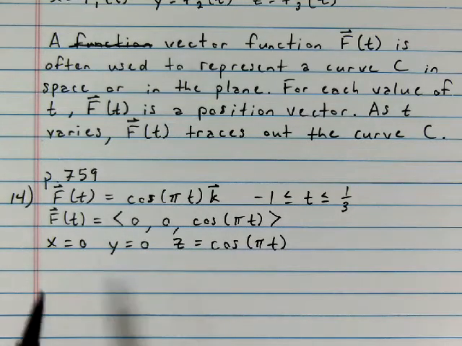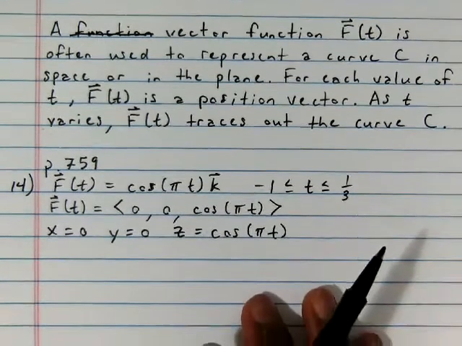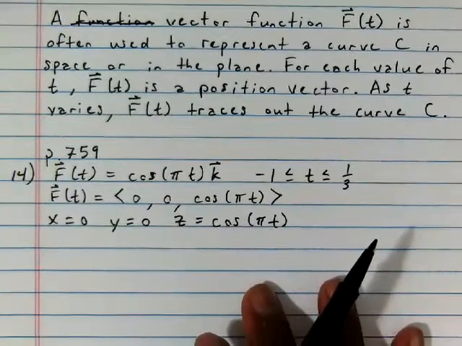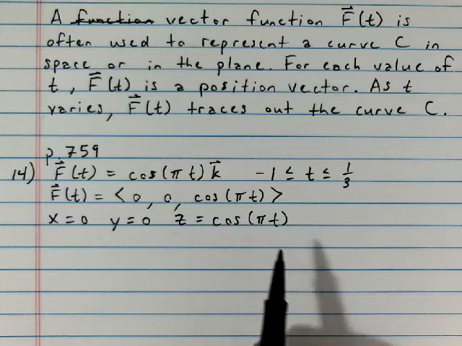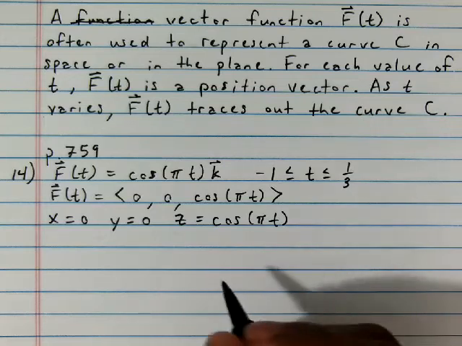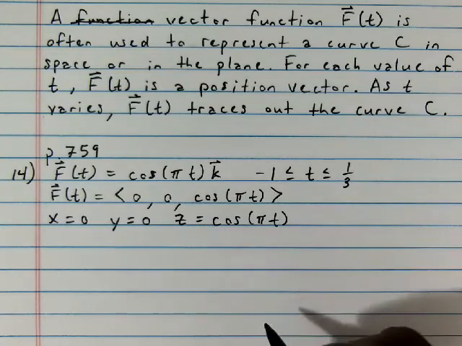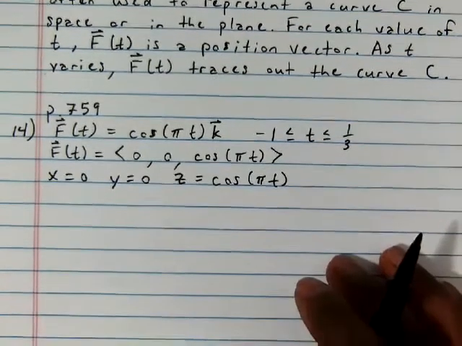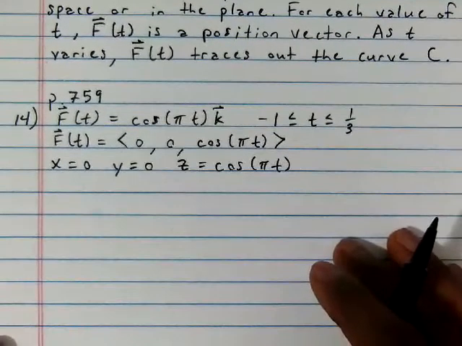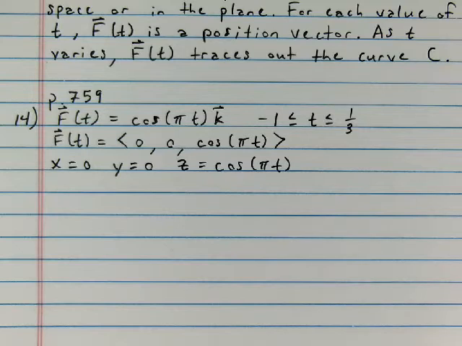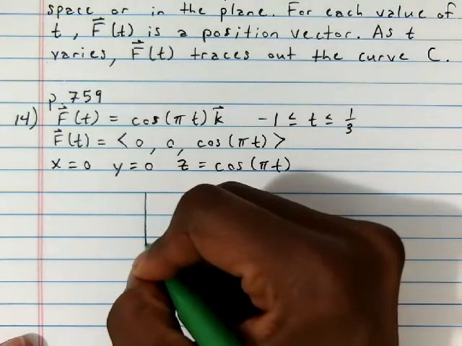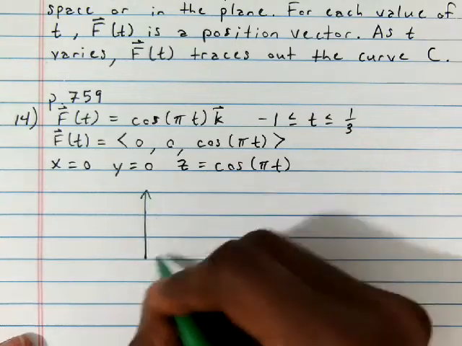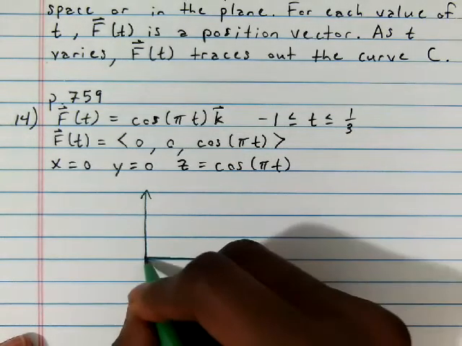When you see this, you should be able to identify that this is going to be a line segment, or a line or ray, stuck on the z-axis. So now, what does this look like? Let's sketch a set of coordinate axes, and then we'll sketch this. Remember, I'm not highly concerned with your sketching of these, I'm more concerned with your identifying. So, our set of coordinate axes.